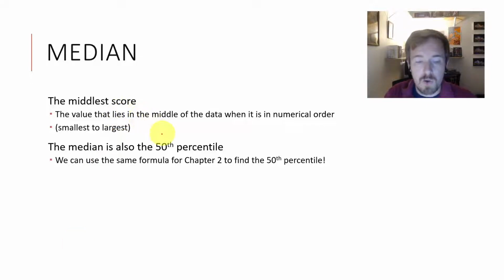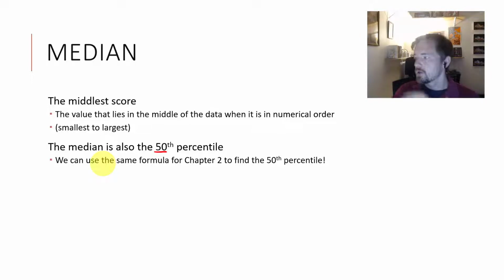The median is also the 50th percentile. Remember back to chapter 2, we talked about percentiles, the upper 25th percentile, the bottom 25th percentile, and so on. The median is going to be the 50th percentile. In other words, any value that falls below the median is going to be in the lower half of the data.